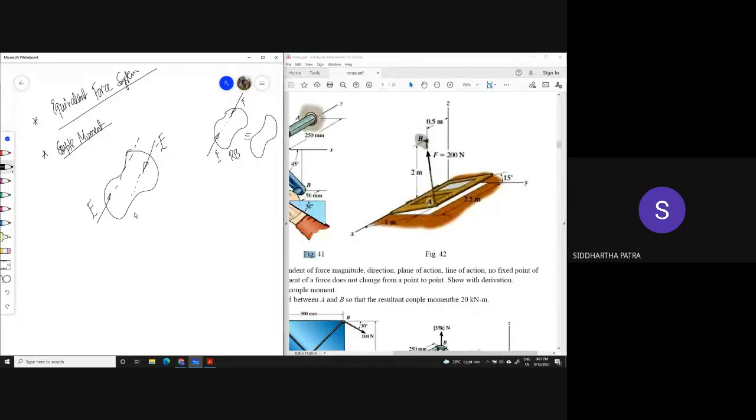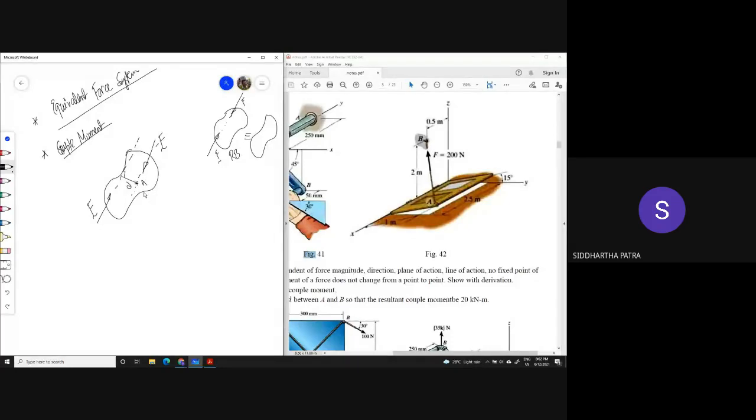Now imagine the lines are parallel, but they are not the same line. So there is a distance d between the two, a normal distance, which basically means on the line of action of one, I can take an arbitrary point A and then drop a perpendicular onto the line of action of the other. That distance is d.